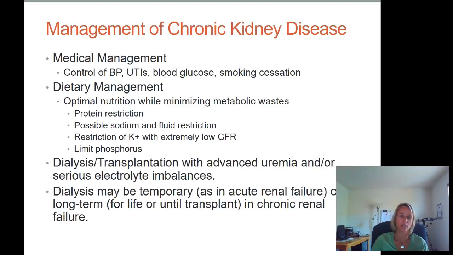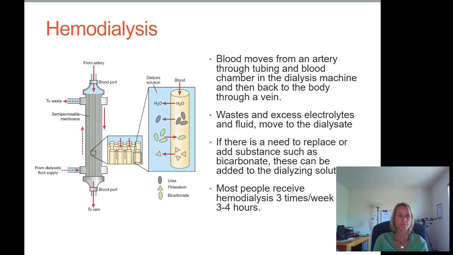We're going to eliminate potassium and limit phosphorus. Dialysis and transplant with advanced uremia, or if you have really serious electrolyte imbalances. And dialysis could be temporary if you have acute renal failure, or long-term for life until transplant in chronic renal failure.